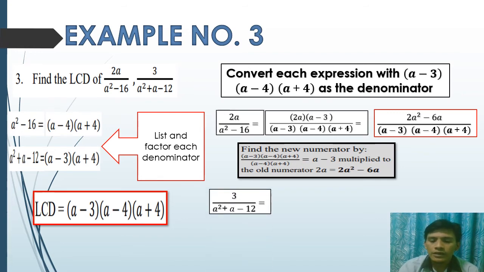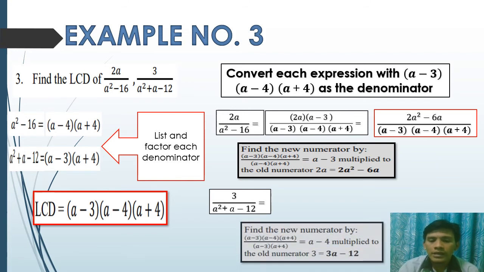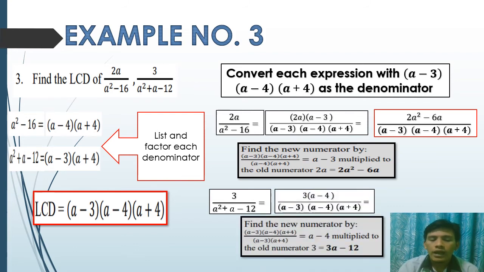3 over a squared plus a minus 12. a squared plus a minus 12 can be factored into a minus 3, quantity a plus 4. Our LCD is a minus 3, a minus 4, quantity a plus 4.